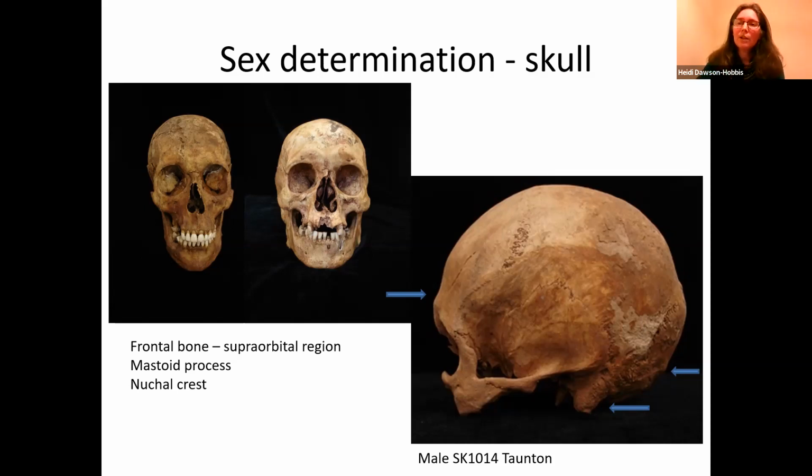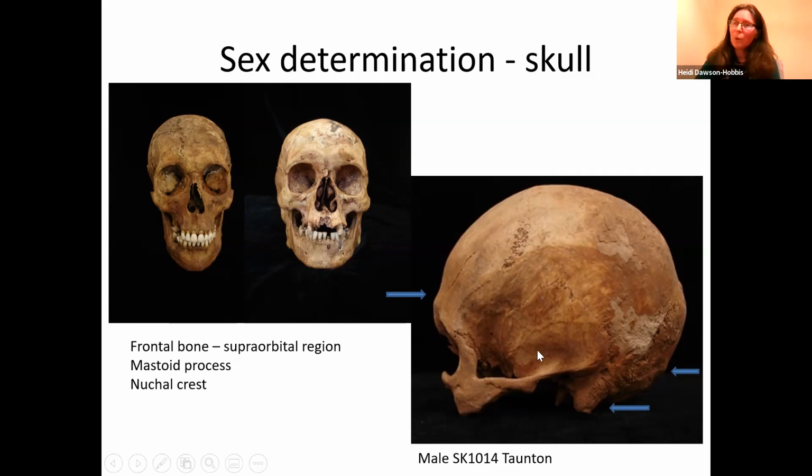We score these areas on a scale of 1 to 5, with 1 and 2 being more gracile and female, and 4 and 5 being more robust and male. Sometimes individuals fall at an intermediate level. So we're essentially scoring on a gradation scale between hyperfeminine and hypermasculine.